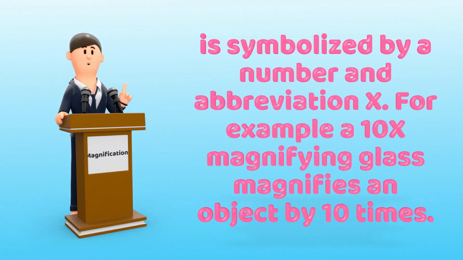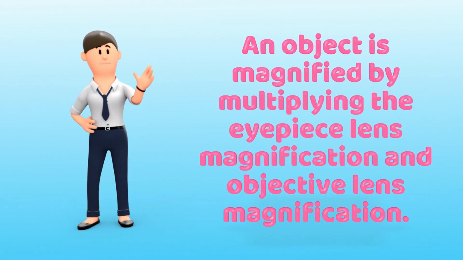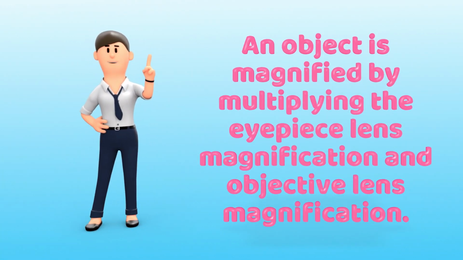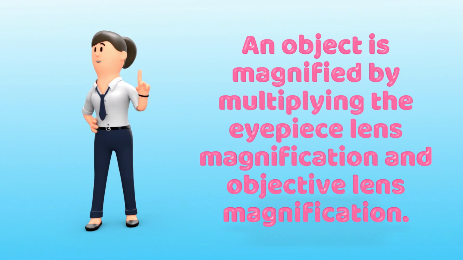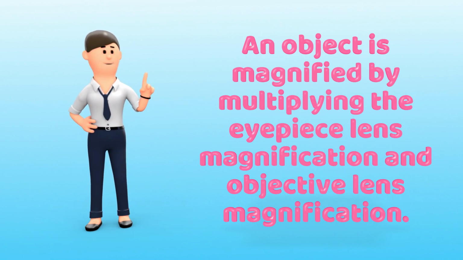Magnification is symbolized by a number and the abbreviation X. For example, 10x magnifies an object by 10 times. Also, an object is magnified by multiplying the eyepiece lens magnification and the objective lens magnification.